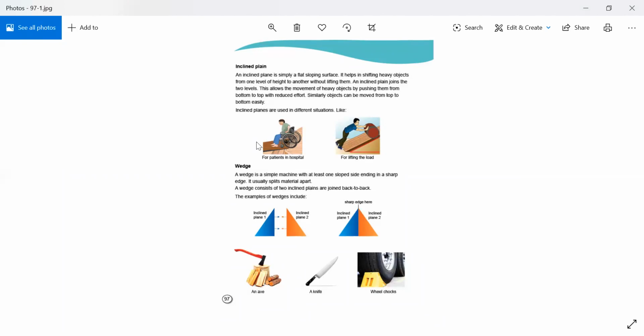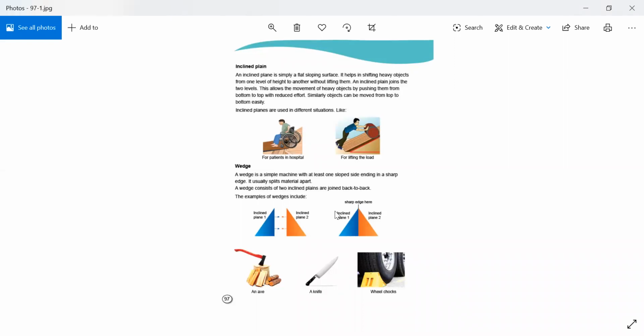okay, what is a wedge? A wedge is also a simple machine and it has one sloped side ending in a sharp edge. It has only one sloped side. And what is its function? To keep the object still.